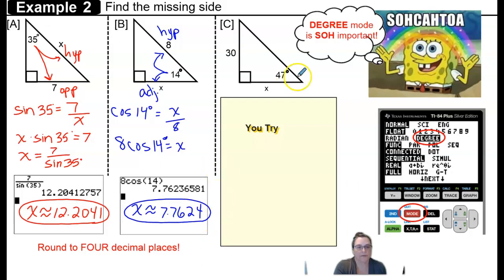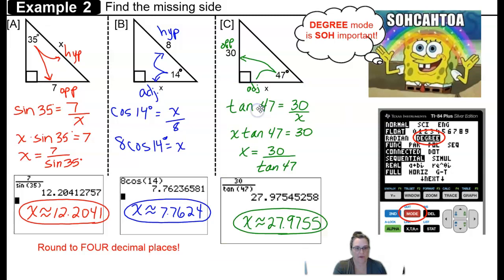Okay, so 47 degrees, the opposite side is 30, and we're looking for the adjacent side. So the TOA in our acronym is tangent is the ratio of opposite over adjacent. And so when we look at that ratio, tangent of 47 is equal to 30 over x.